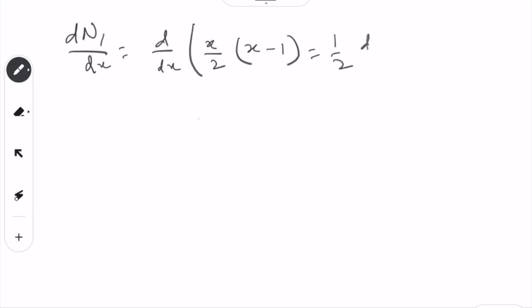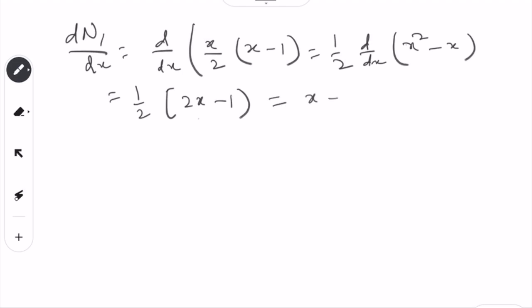Half d over dx of (x square minus x), equal to half of (2x minus 1), which becomes x minus half.